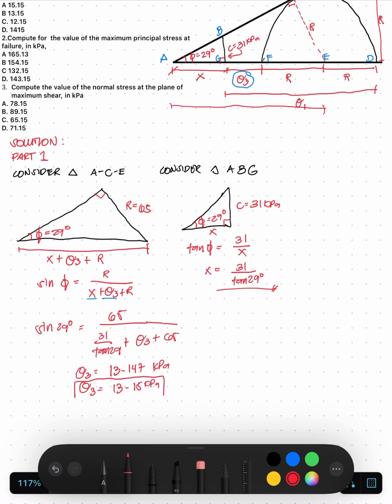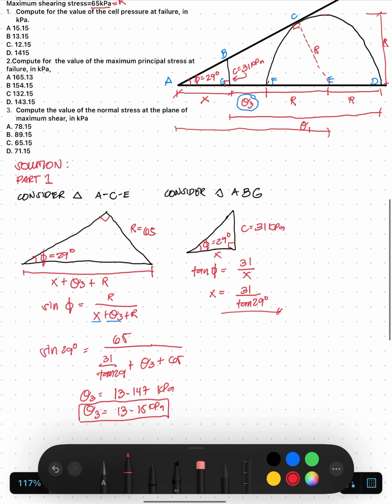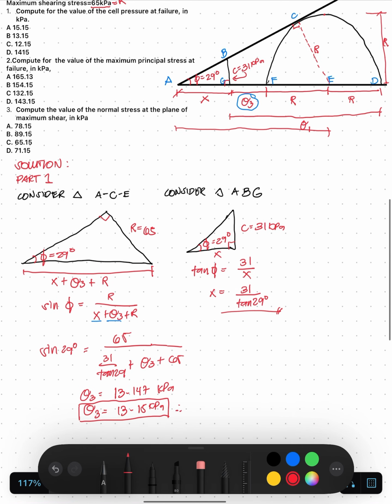Just round off in the final answer. So that is letter B from our choices.